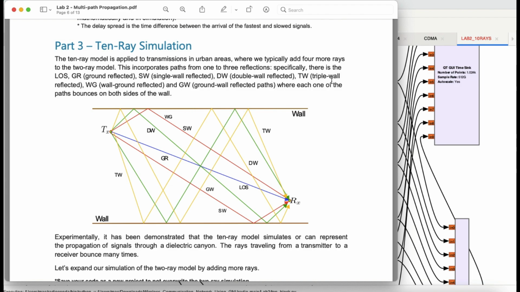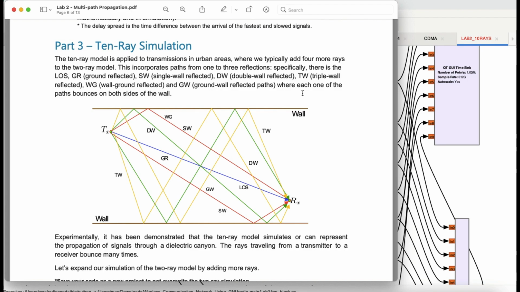Then you have a triple wall reflected signal, TW, that is transmitted, hits another wall or the ground, goes back to another wall, and then another wall, and is then received here. And then you have a wall ground reflected signal, bounced off the wall and the ground, and a ground wall reflected path. These are the different paths available to us.